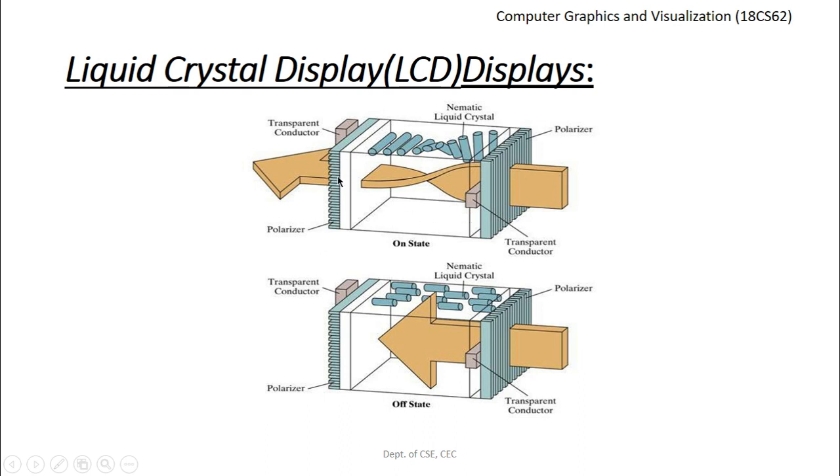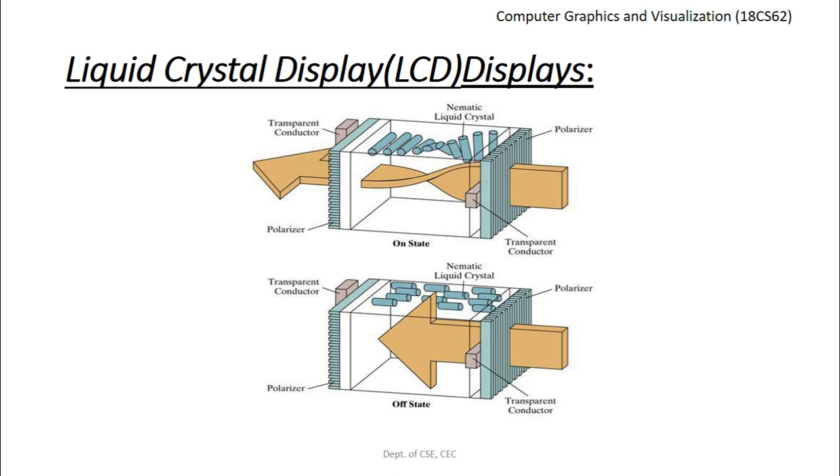Rows of horizontal transparent conductors are built into one glass plate, and columns of vertical conductors are put into the other plate. The intersection of the two conductors defines a pixel position.